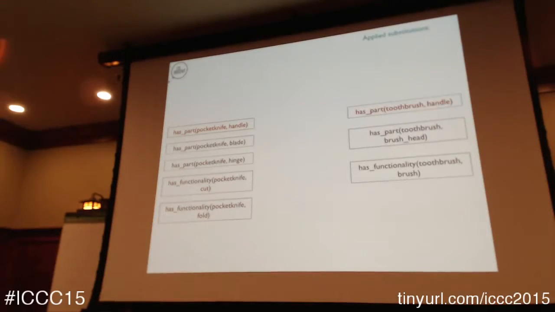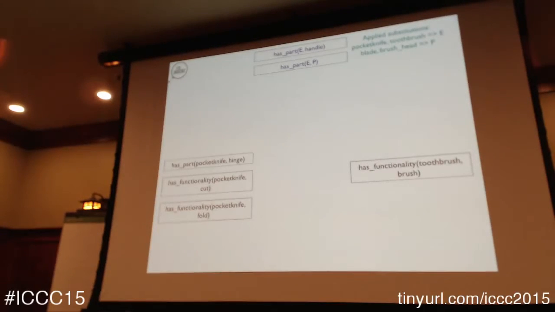So this axiom corresponds to the other one, so we can generalize here in a variable E that has something which is a part which is a handle. Then we have the second part that corresponds to the other one, but now it's some generic part P, we don't know which one.